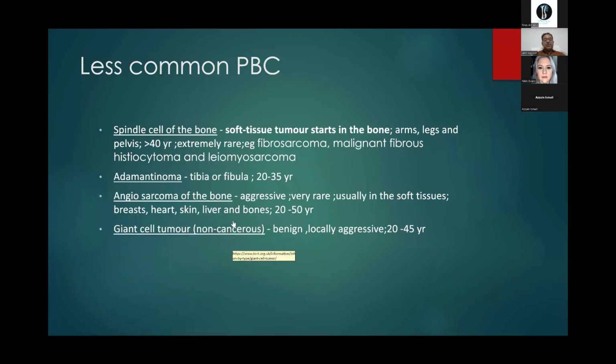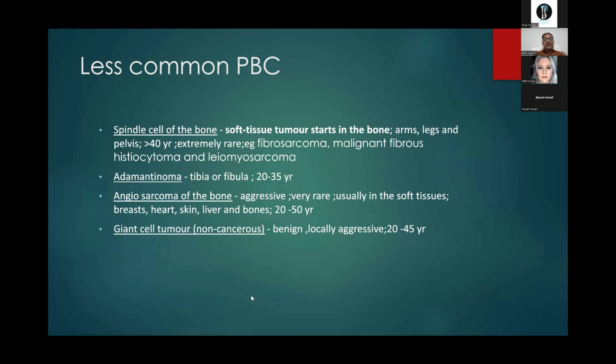These are some less common primary bone cancers. We don't need to discuss them in much depth, but just to remember some names, spindle cell of the bone is a soft tissue tumor, and the types of spindle cell bone tumors are fibrosarcomas or leiomyosarcomas. Adamantinoma commonly happens in the fibula in young adults.